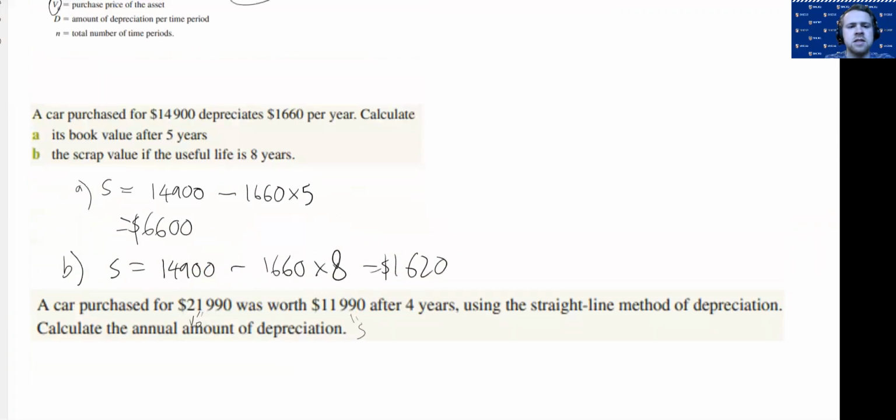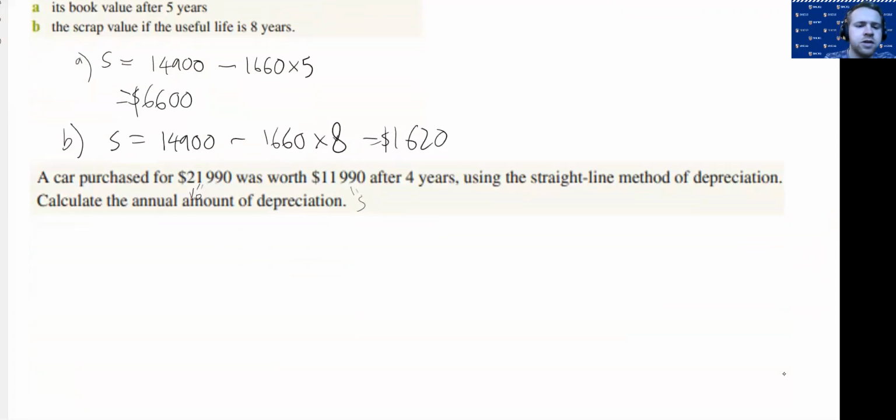We've got to find D. So salvage is 11,990, V0 is as such, and then minus D times 4, or 4D is probably a better way of writing it. Let me just fix that up. So we'll just change that to 4D.